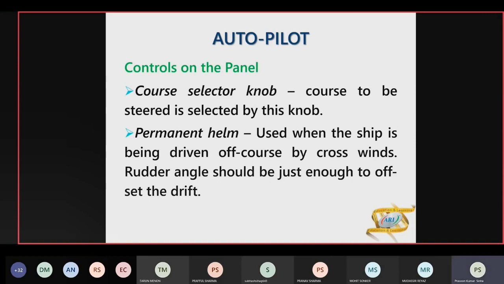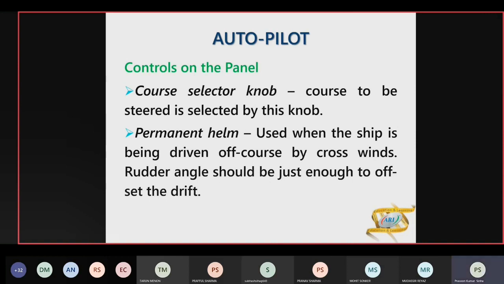If it is digital, then also there has to be some kind of safety measure so that these numbers cannot be changed. आपने 32 डाला है, so it is protected unless you want to change it deliberately, then you have to do some action. So course selector knob.